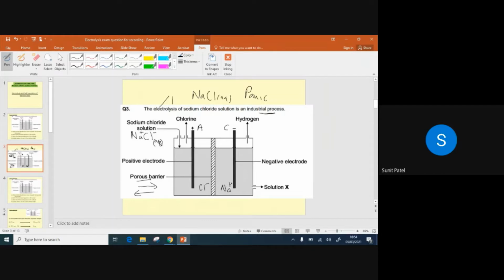But also, if it's an aqueous solution, we know that water dissociates into H+ ions, but also OH- ions. That's why the pH of water is neutral, because I've got equal amounts of these two ions present when a small amount of water dissociates.